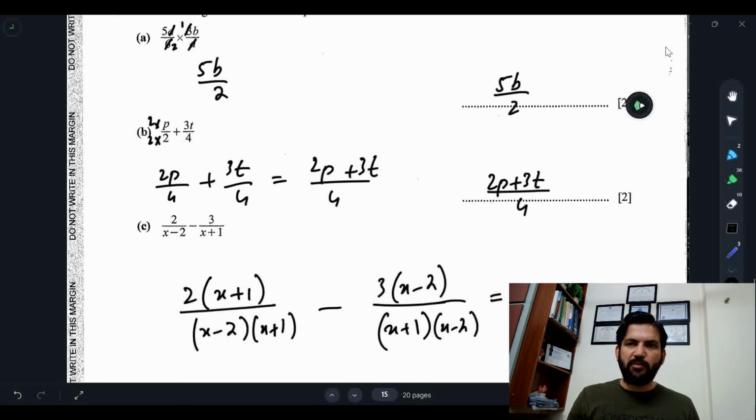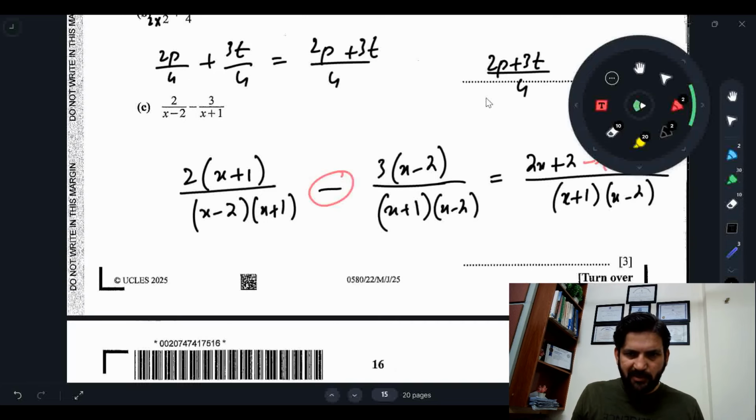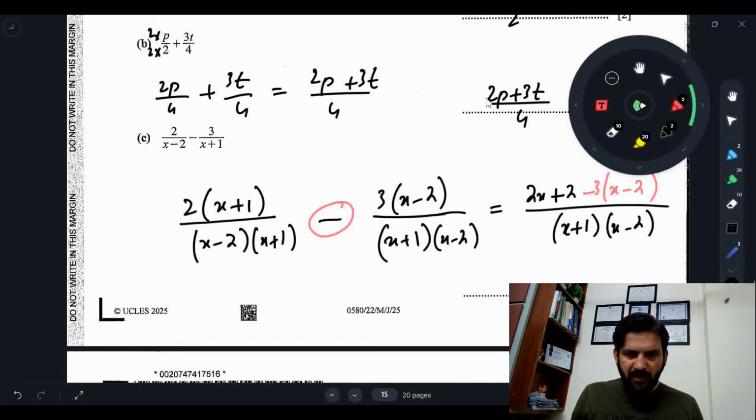Keep this in your mind that whenever you have a negative sign over here, no need to write it in a single step, so that you won't have any mistake in your working. So we can write it as 2x minus 2 minus 3x plus 6 whole divided by x plus 1.